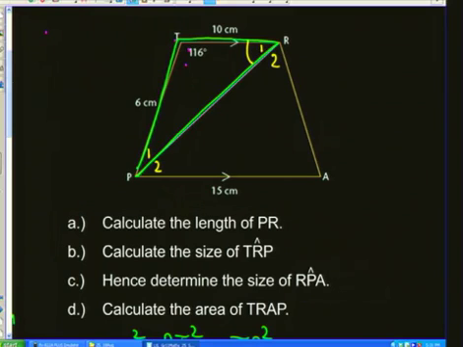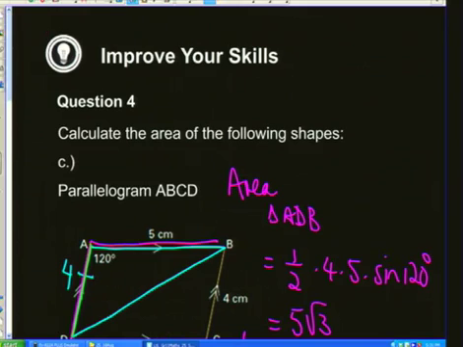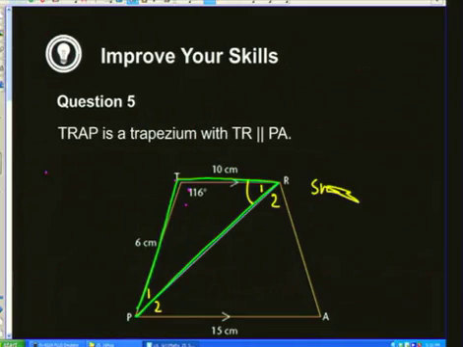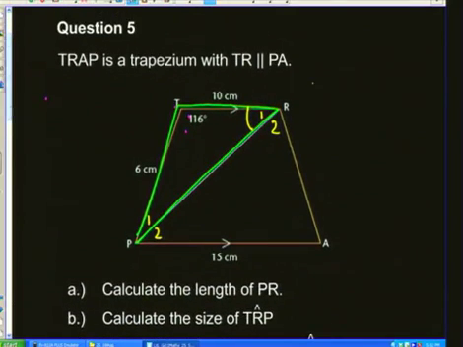So the sine rule says that the sine of R1, because remember R1 is what I'm trying to find.